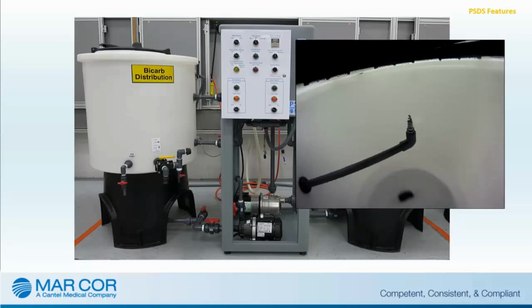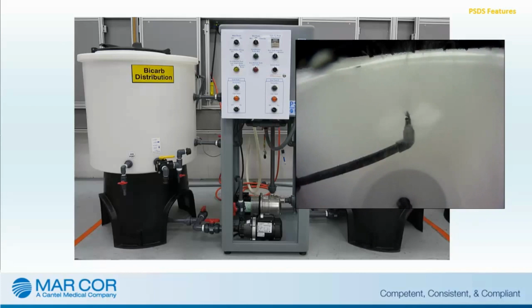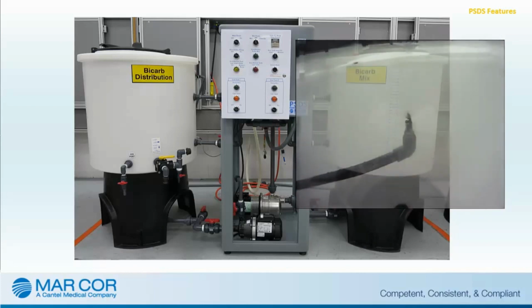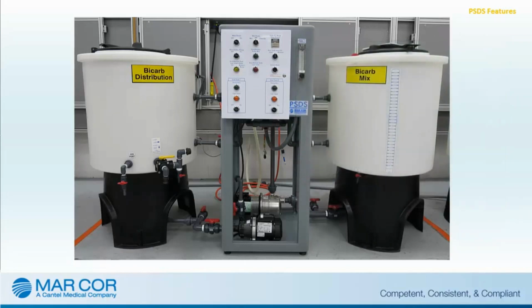internal spray heads in both tanks to facilitate rinsing and disinfection of the bicarb mixing and distribution system, acid and bicarb distribution tank levels monitored with low-level alarms, remote monitoring capability, independent pump controls, and low-level alarms for up to 3 acid solutions.